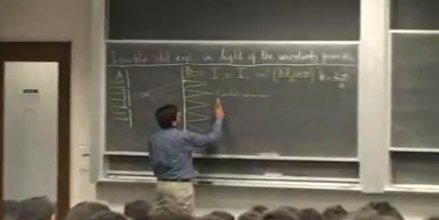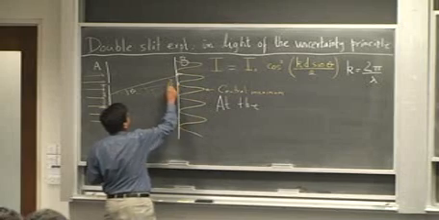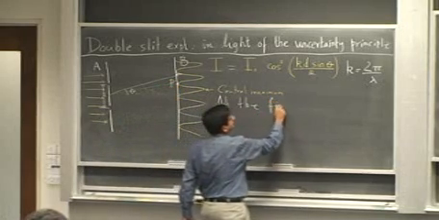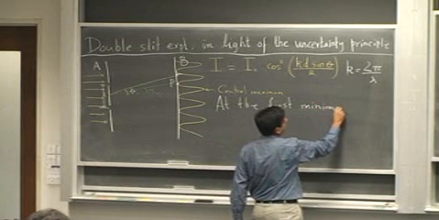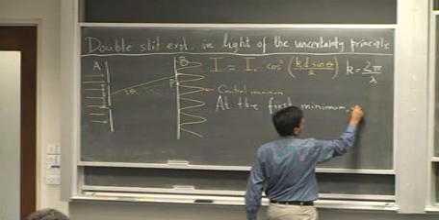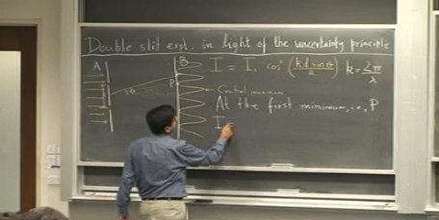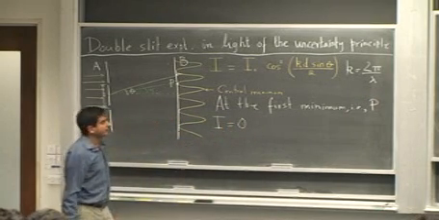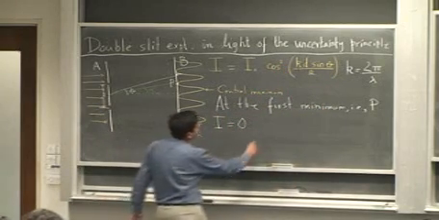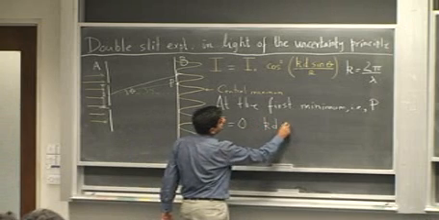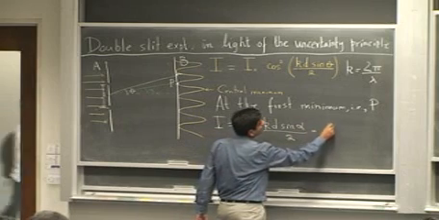So at the minimum, at the first minimum, that is this point P, I equals 0. Therefore, this object has to be equal to 0. So k d sine of alpha over 2 equals pi over 2.